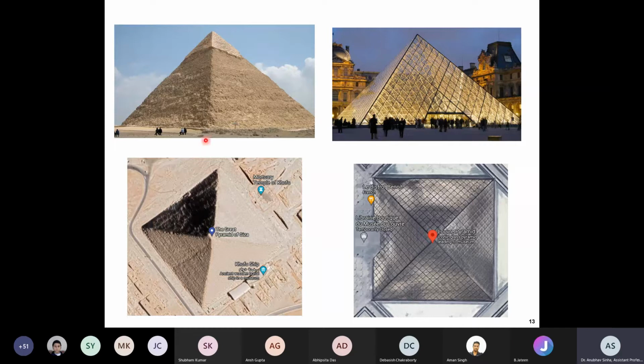What you see here is when this photo is taken, someone is standing in front of this edge. This is the edge, right? So understand the difference. This is the edge and this is the side. This is a triangle, this is a line, right? So I am standing facing the edge.